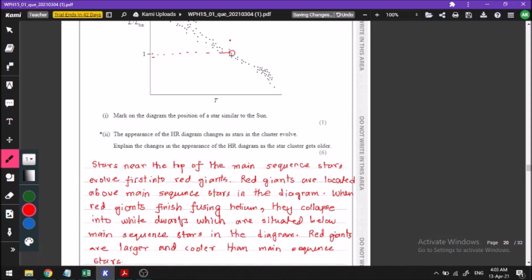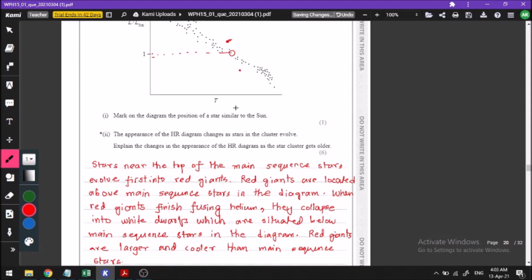That is because its luminosity increases but its temperature decreases. From here it goes to somewhere over here. But after that, after fusing helium, that red giant gets converted into a white dwarf star. The white dwarf's luminosity decreases but its temperature increases, so it comes down to somewhere over here.